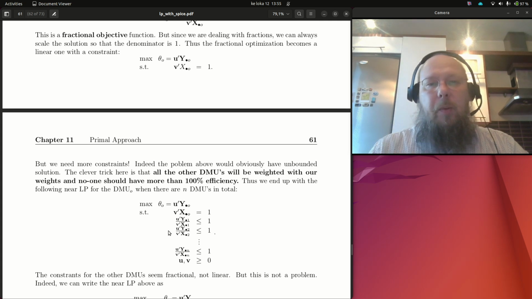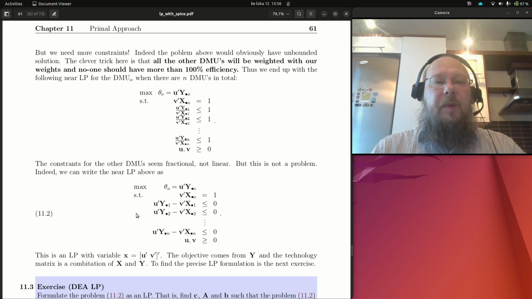Now there is a small problem that these are fractions. They are not linear constraints, but it's easy to write them as linear by just multiplying by the denominator. So this fractional program, if you like, is this linear program. Here, for example, this first one, we just first multiplied by the input weights here.